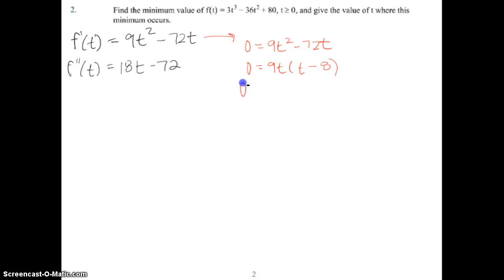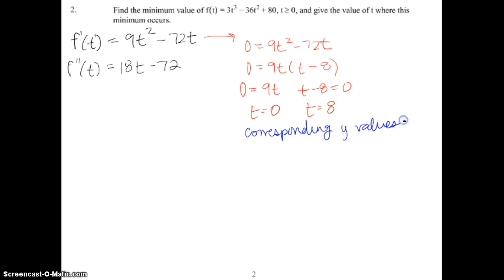We set each term equal to 0, so we get t equals 0 and t equals 8. So these are two t values, or x values. Now to find the corresponding y value, we plug these values back into the original function.